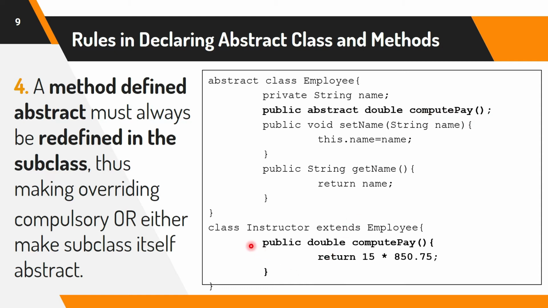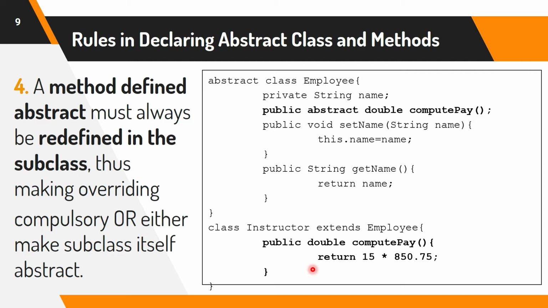In this example, its subclass is class Instructor, which extends Employee, the abstract class. So, the abstract method is computePay and ang ginawa ng class Instructor is siya yung nag-perform ng implementation.